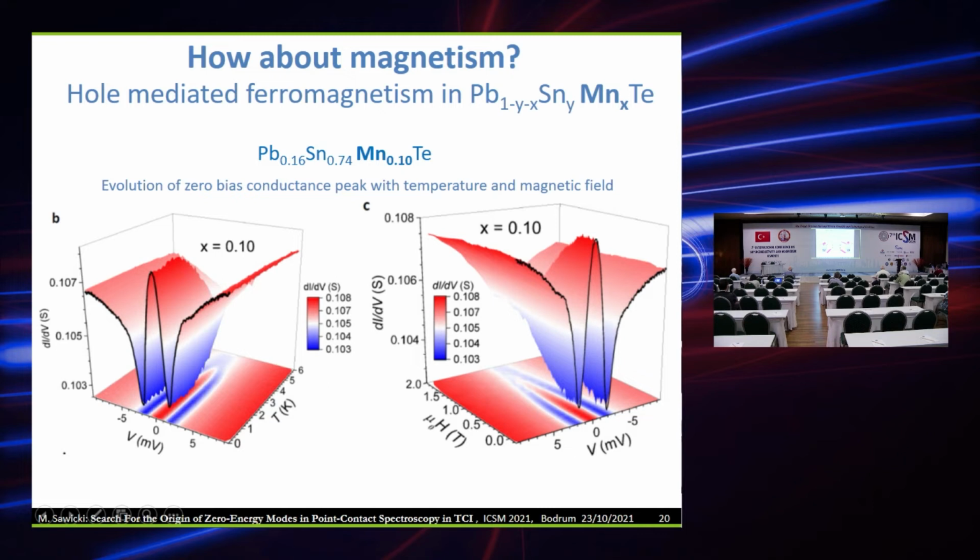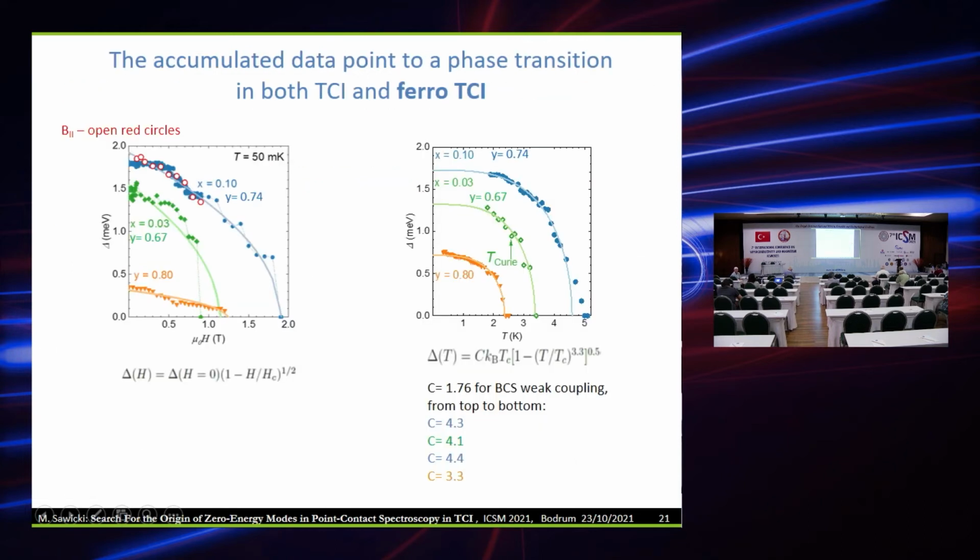In this case, they survive up to 5 or even 6 Kelvin, and also magnetic field up to 1.5 Tesla. So this is quite a remarkable thing, that we observed features which are like superconductivity in a bulk material which is truly ferromagnetic.